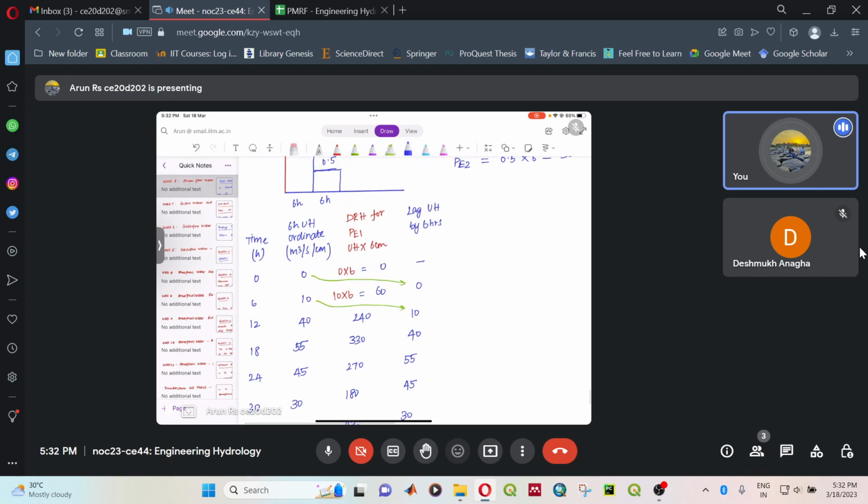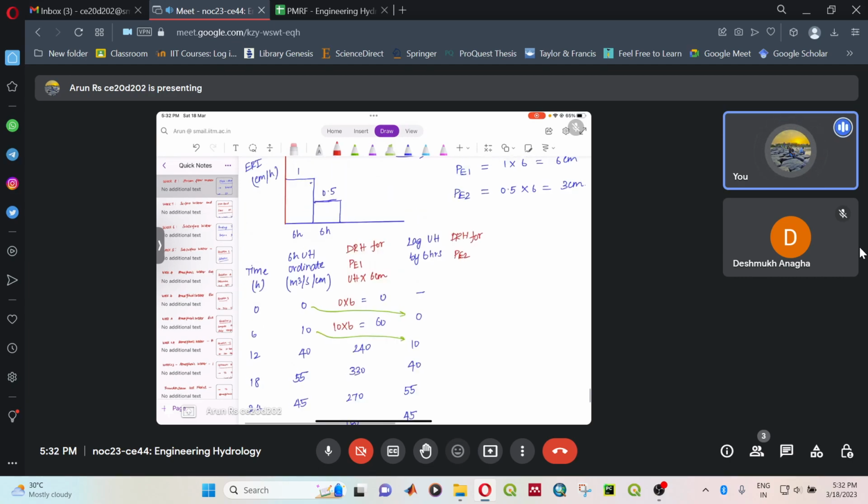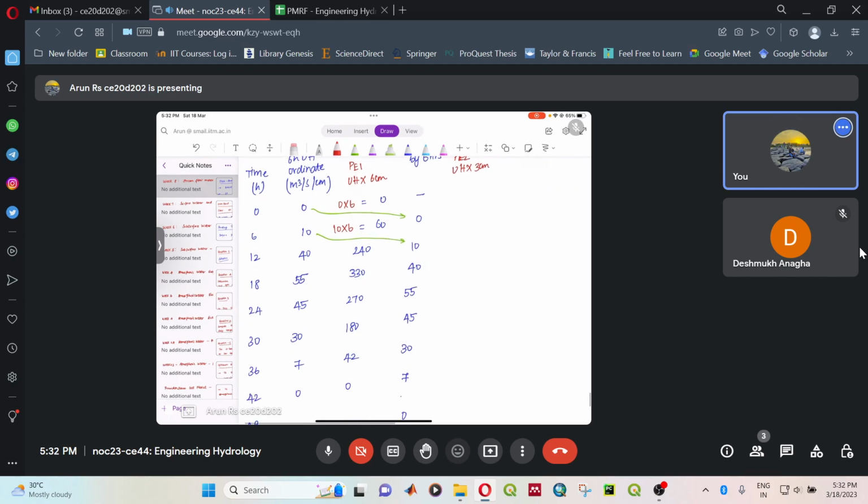So once we lag it, we can now determine what is the DRH for the second event, which has an excess rainfall of 3 centimeters. So I'm going to multiply it by 3. So this column will be blank, then 0 into 3, this will be 10 into 3, and so on.